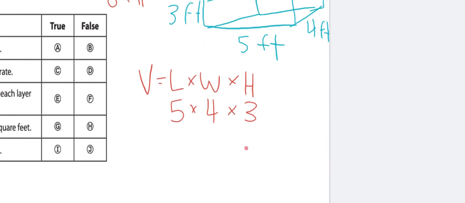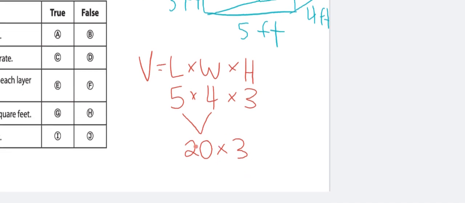So I'm going to try that. I know 5 times 4, 5, 10, 15, 20. And then I have to do 20, which is the length times the width, and then times it by my height. I know a little strategy. I could skip count by 20s 3 times, 20, 40, 60.